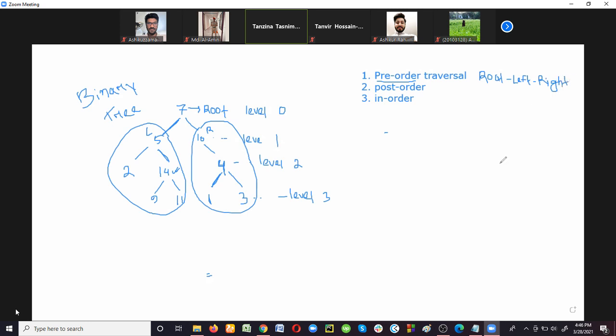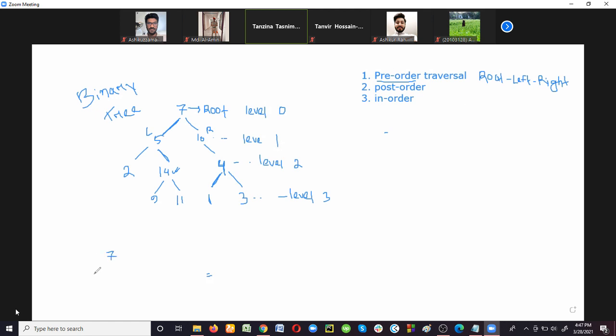Okay, so now this is a tree, right? In pre-order traversal, and traversal means accessing each element exactly once, we will traverse the root node first. That means after applying this method, we take the element 7.